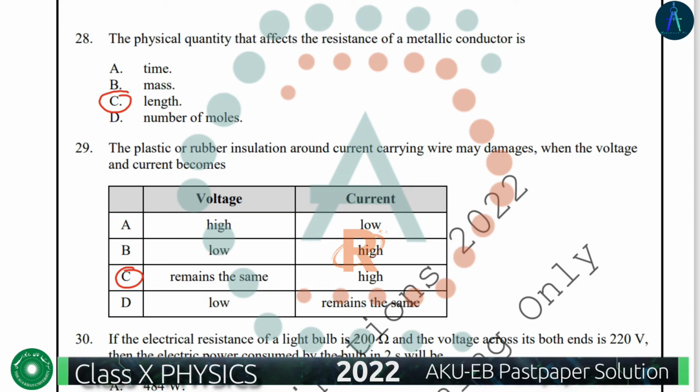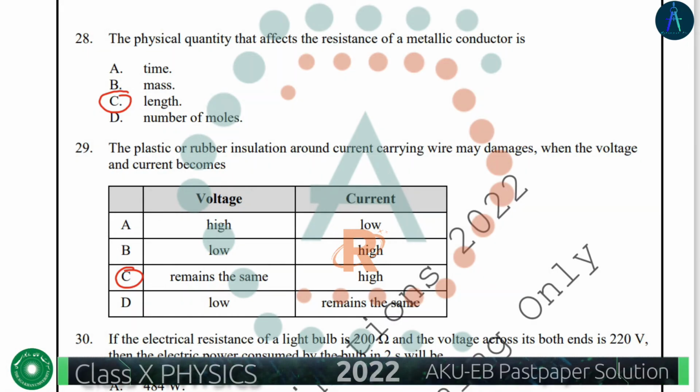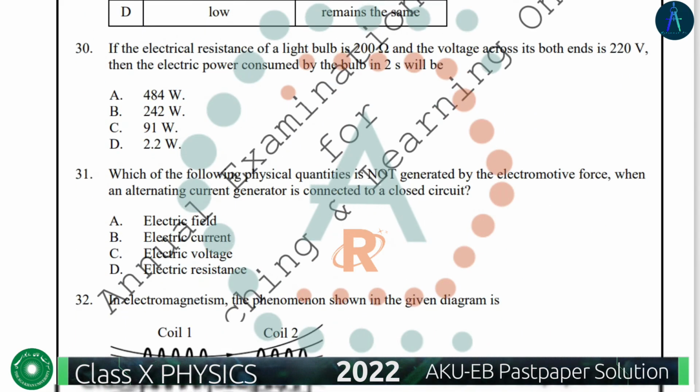Rather, it is the amount of current that increases the heating effect in the wire. The greater the current, the greater the heating effect, and more chances of the insulation being damaged. So at high current, the wire becomes so hot that it damages the rubber insulation.